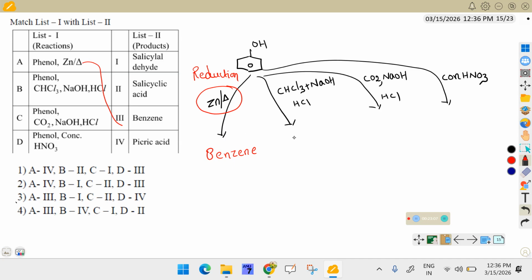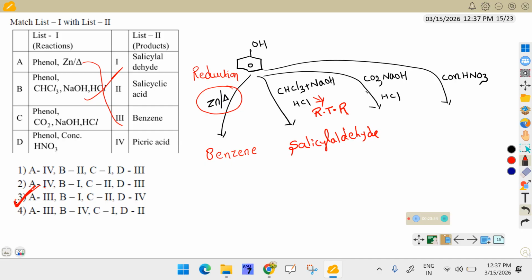This is the Reimer-Tiemann reaction and it gives salicylaldehyde. What is the reaction name? The reaction name is the Reimer-Tiemann reaction. Salicylaldehyde. A3, B1. The third option is the correct option.